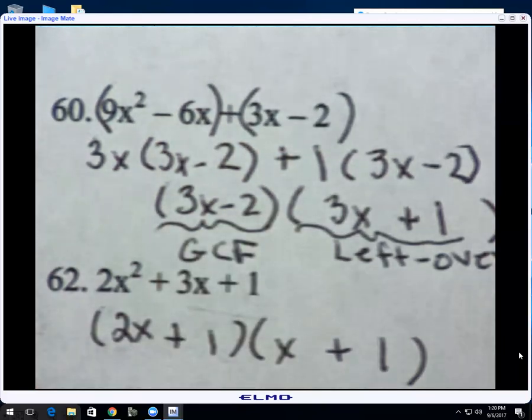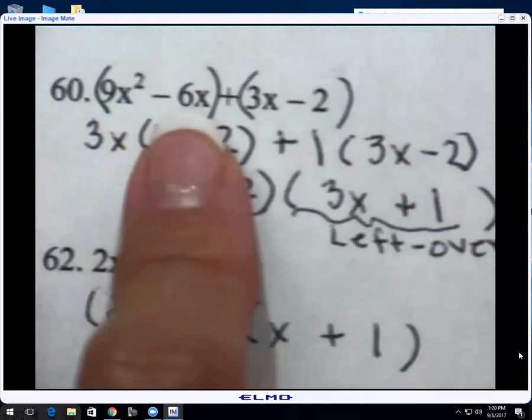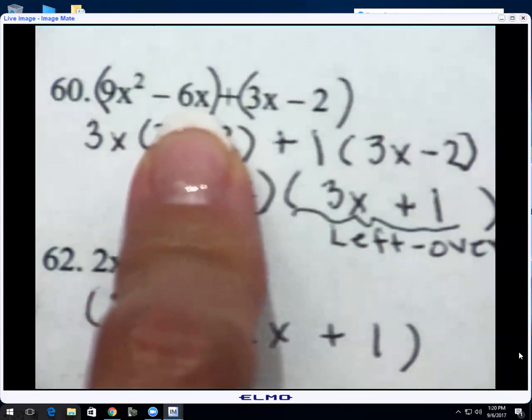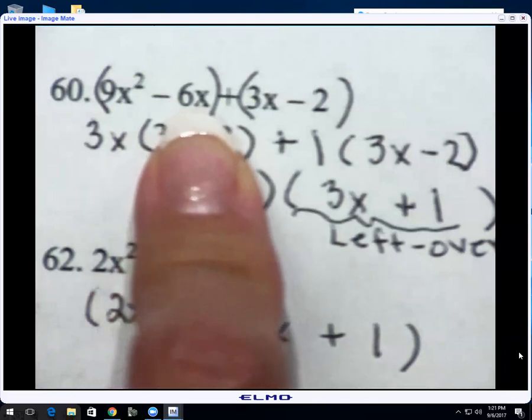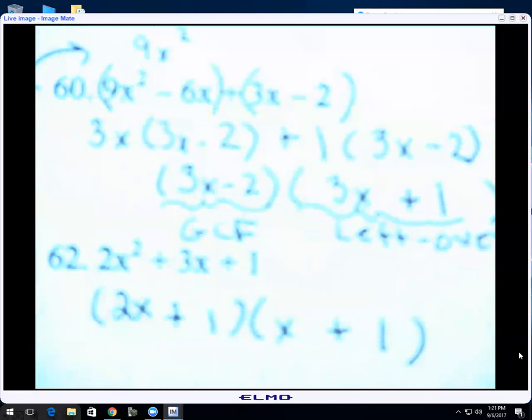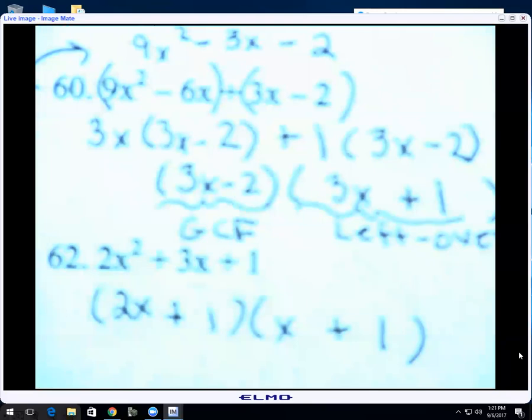One other thing you may have thought, I don't know if anybody thought this when you saw the original problem or not, but did anybody think, hey, the first thing I do there is just combine like terms? Got like terms in the middle. If you thought that, then you're just thinking one step ahead, because if I did combine like terms, I'd have 9x squared minus 3x minus 2.